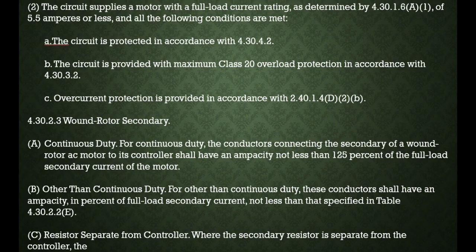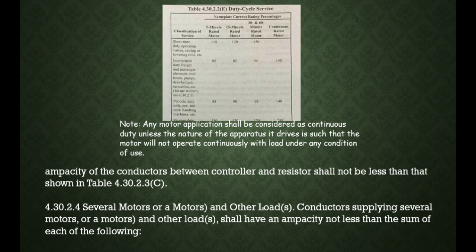2.40.1.4 D2. And for wound rotor secondaries in continuous duty, conductors connecting the secondary to the controller need an ampacity of at least 125% of the full load secondary current. And for wound rotor motors, the ampacity of conductors between the controller and resistor should follow table 4.30.2.3c.